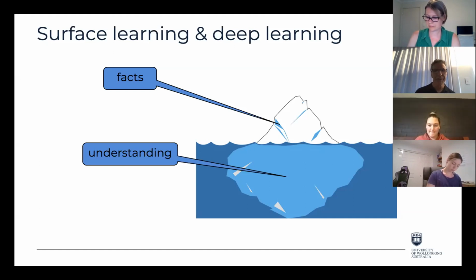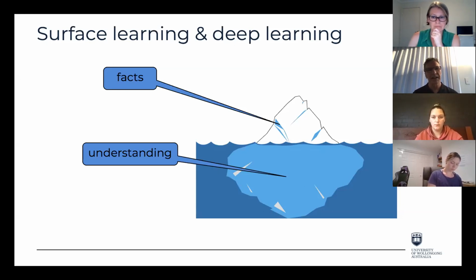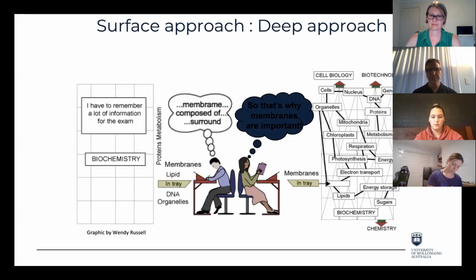There was a guy called John Biggs who really developed this idea of the contrast between surface and deep learning. And it was a big discussion in the 1980s, 90s, early 2000s. It's not so much now, but it points to this approach where in a surface approach, lots can be memorized, whereas in a deeper approach, the connections between areas of knowledge and the distinctions are emphasized.